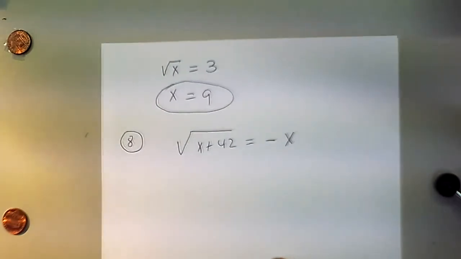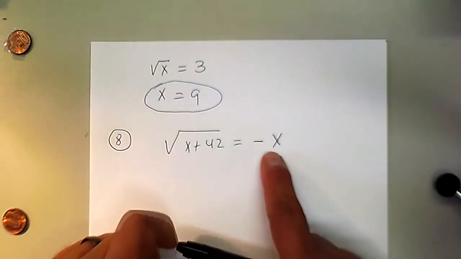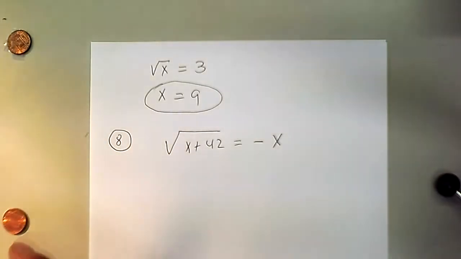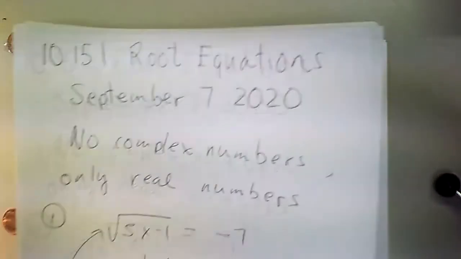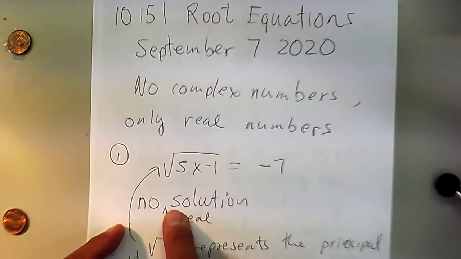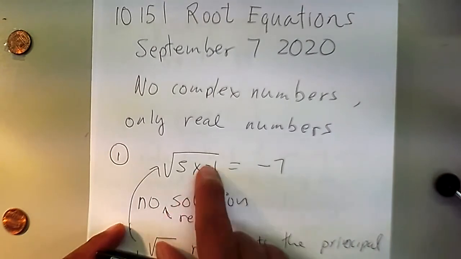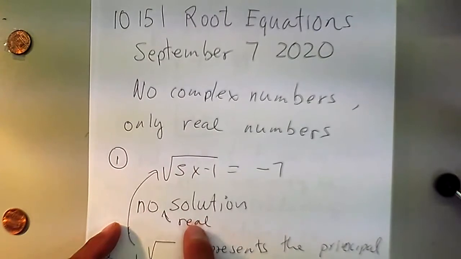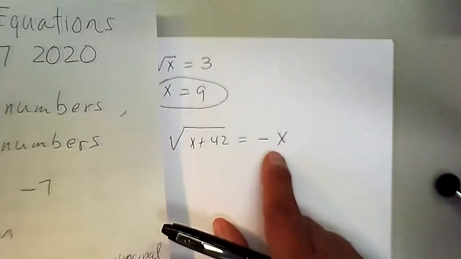Now, before you jump off your seat and say, hey, there's no solution because you just said, Mr. Saldivar, on the very first example of this video, if there is a negative, there is no solution. Yes, and I stand by this. If we're dealing with real numbers, that is correct. But that's not the same as that.